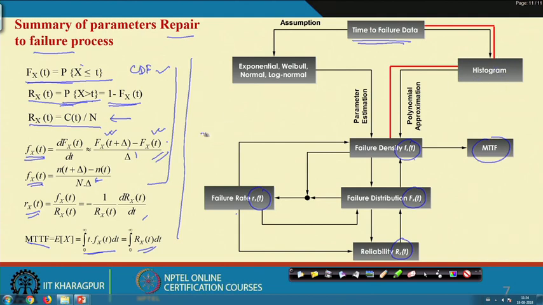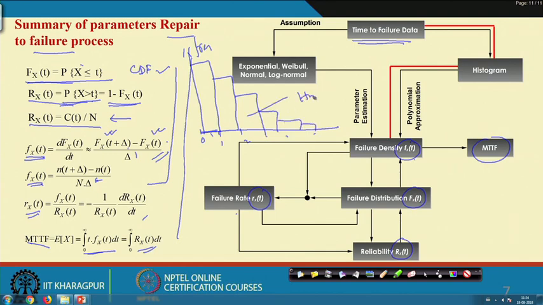For example, I have TTF data, I can start from 0, 1, 2 like this, and on this side there is frequency, meaning within 1 unit how many fail. Maybe 1 to 2 units this many fail, 2 to 3 units this many fail, like this. Then this is nothing but the histogram.